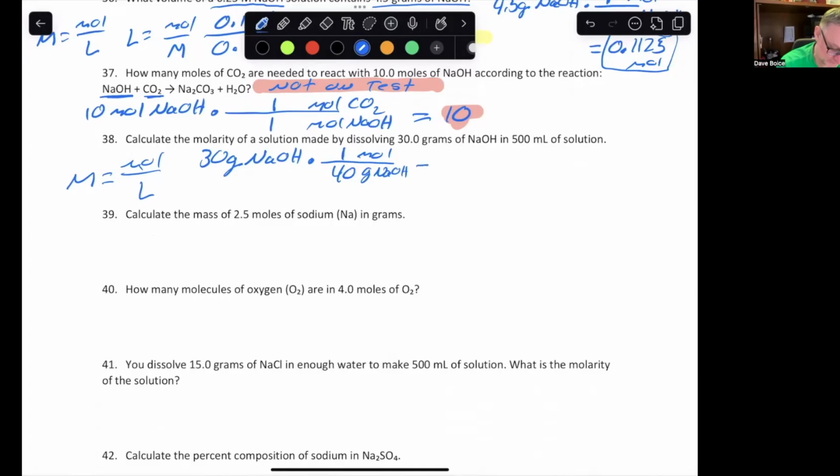And so that's going to equal 0.75 moles.